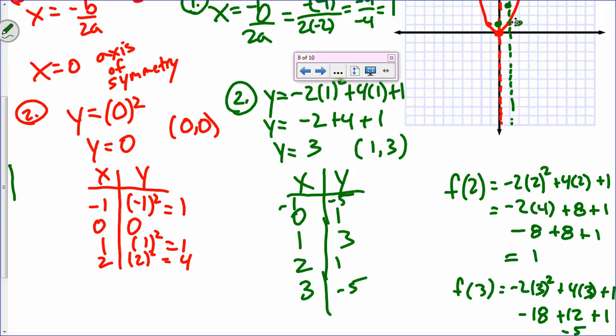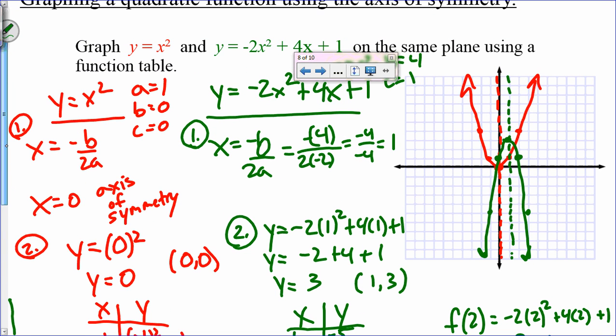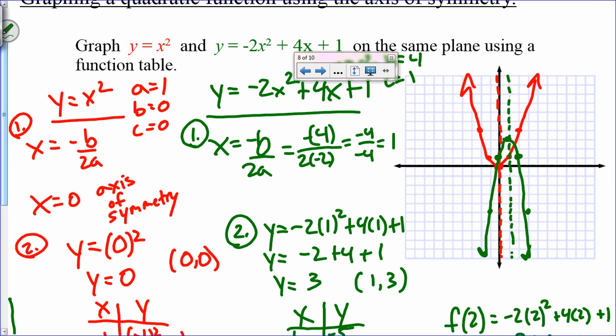So 3 down: 1, 2, 3, 4, 5. And we go over here to -1, there should also be a point there. Connecting the dots, doing our best to make a U shape. Hopefully you have better luck with that than myself. So that's what our parabola should look like.